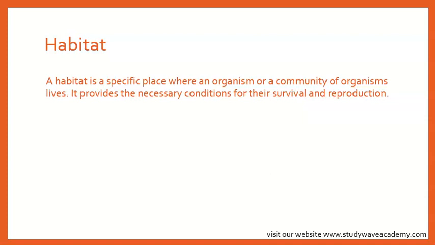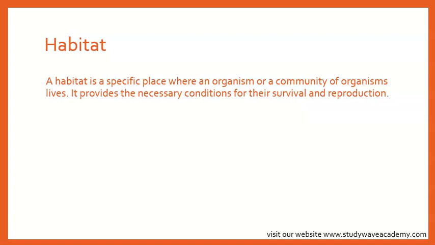It's where they live, find food, and stay safe. Imagine it as their own special place in nature, okay? Different animals and plants live in different habitats that suit their needs. Do we understand?